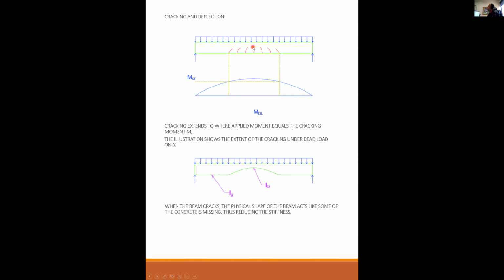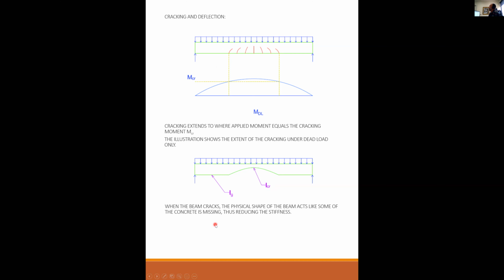At the midspan, it is most fully cracked, and so you have something pretty close to the cracked moment of inertia at the middle of the beam. And then you have this transition between I_g and I_cr as you go from points of barely cracking to fully cracked.